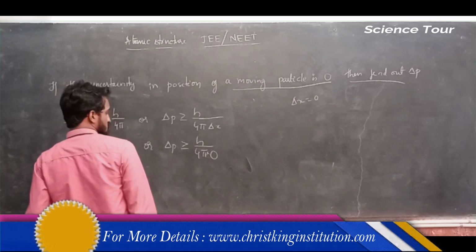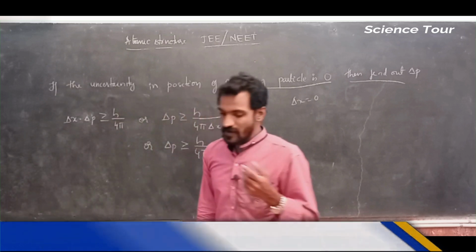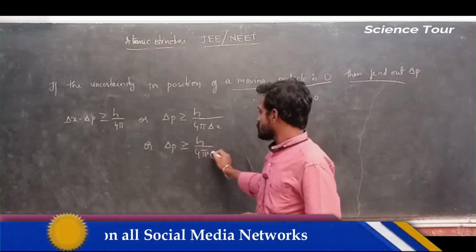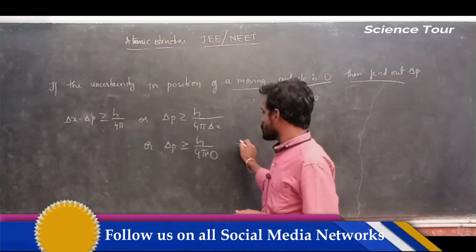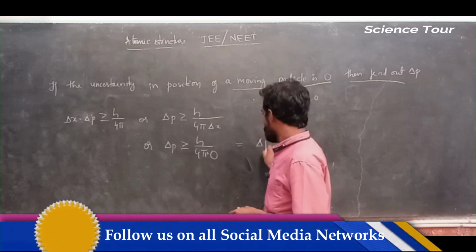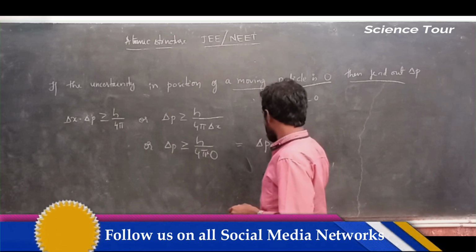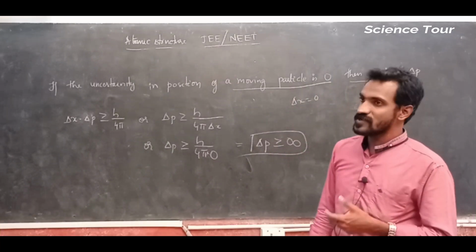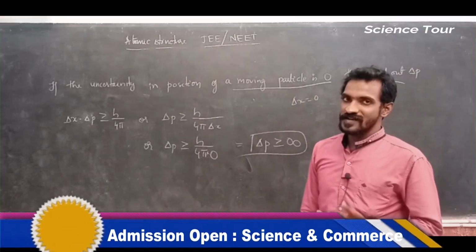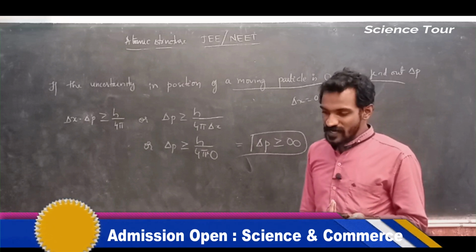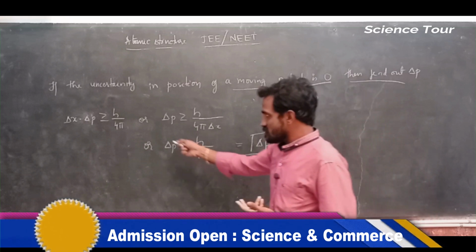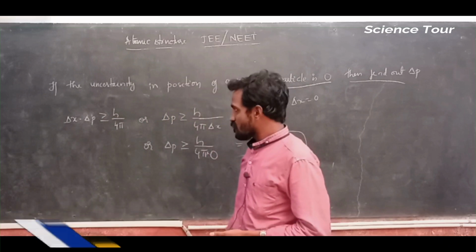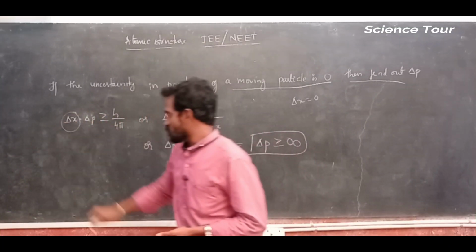That means h, Planck's constant, you know that, divided by 0: something divided by 0 is infinity. What is delta p value? Delta p is greater than or equal to infinity. Why? This is actually the formula; in this formula they are telling that this part is 0.